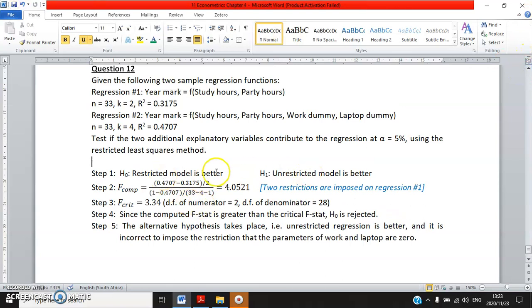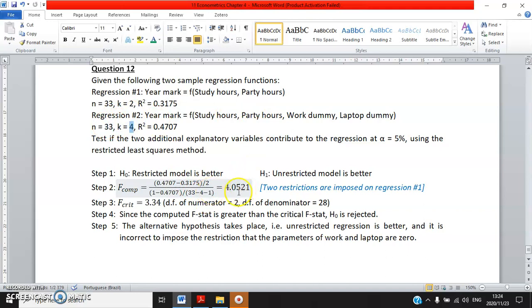Step 1, I don't need to go through that. Step 2, computed F-stat. Numerator bracket R squared of the unrestricted regression 0.707 minus the R squared of the restricted regression 0.1375 bracket divided by number of restrictions 2 imposed in the restricted regression 1. Denominator bracket 1 minus the R squared of the unrestricted regression divided by bracket n 33 minus k 4 minus 1 constant.